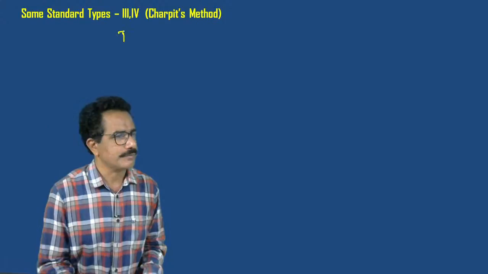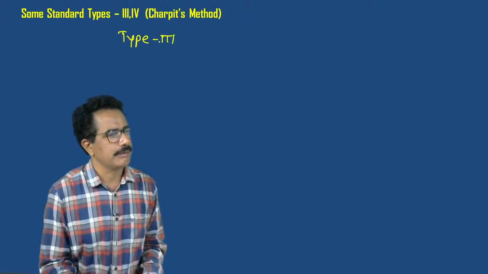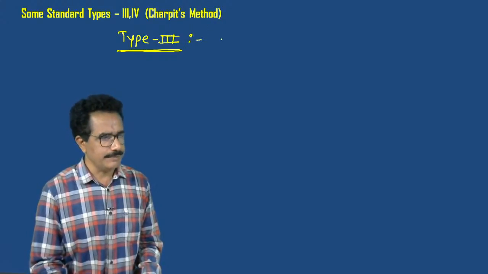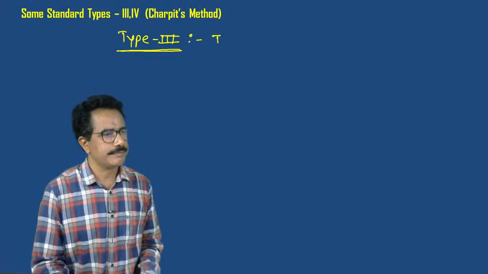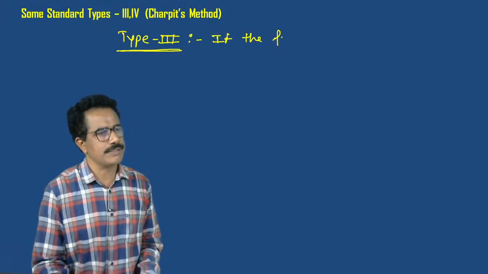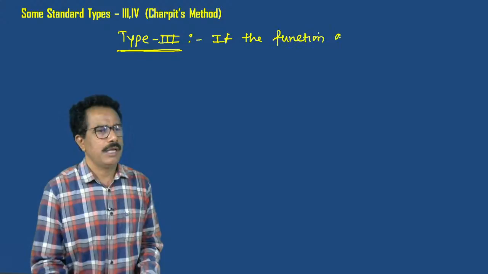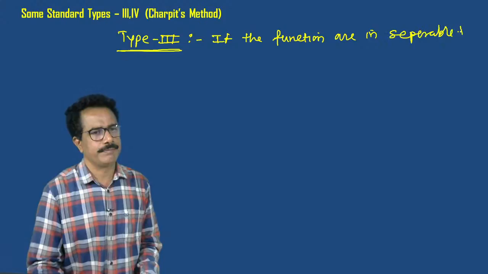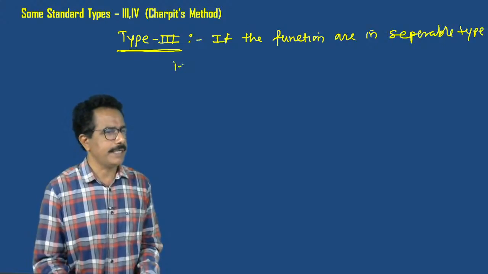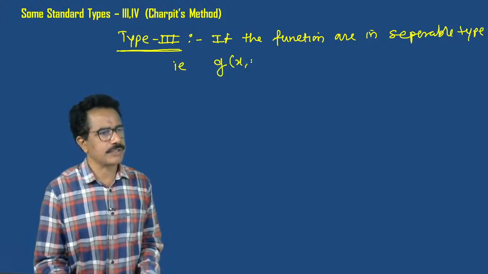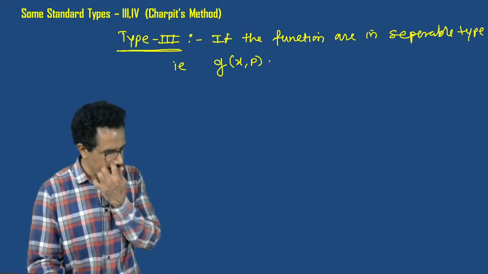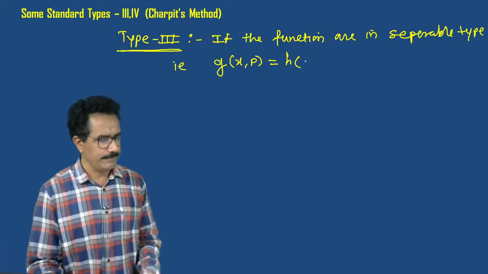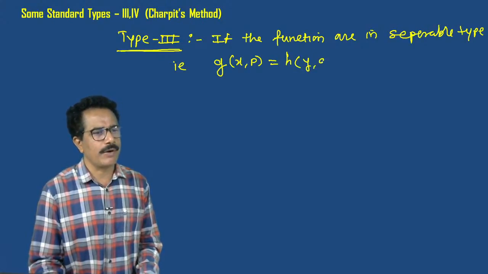So type 3. If the functions are of separable type, that is g of x, p equals h of y, q.